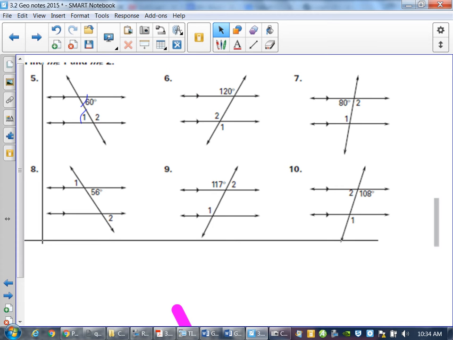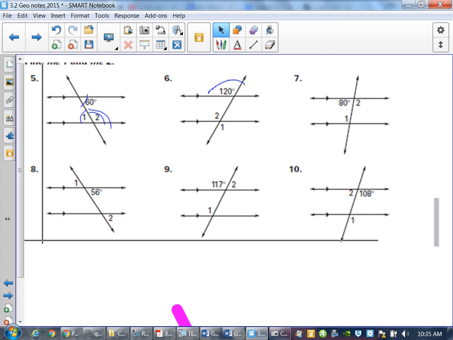Alternate interior. That's why they were equal to each other. 60 and angle 2 would be what? Consecutive interior. That's why they added up to 180. That's why this stuff worked.